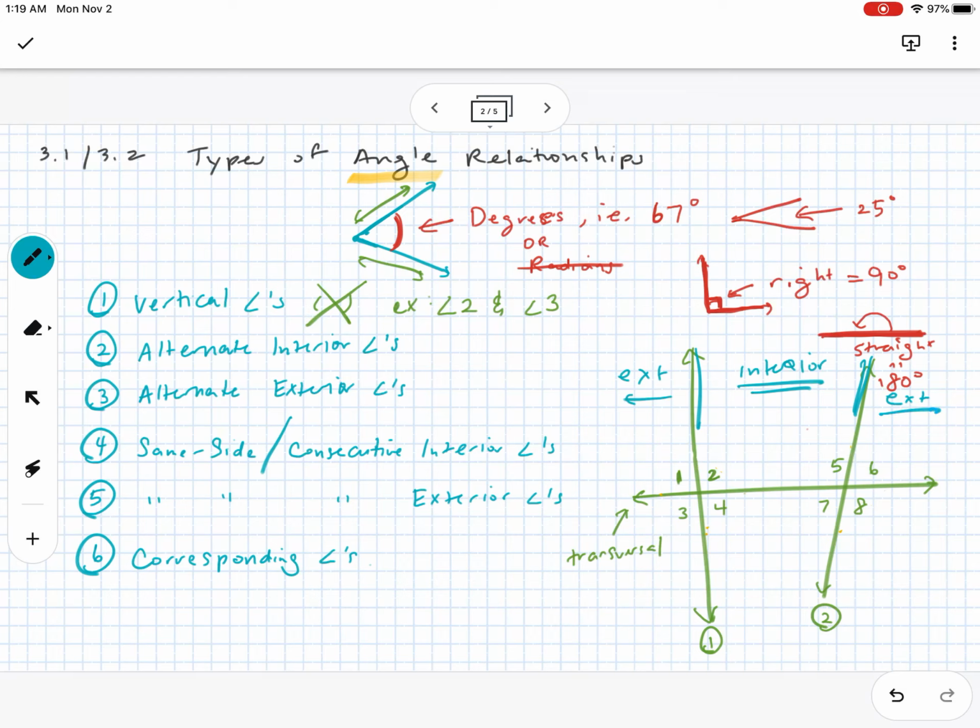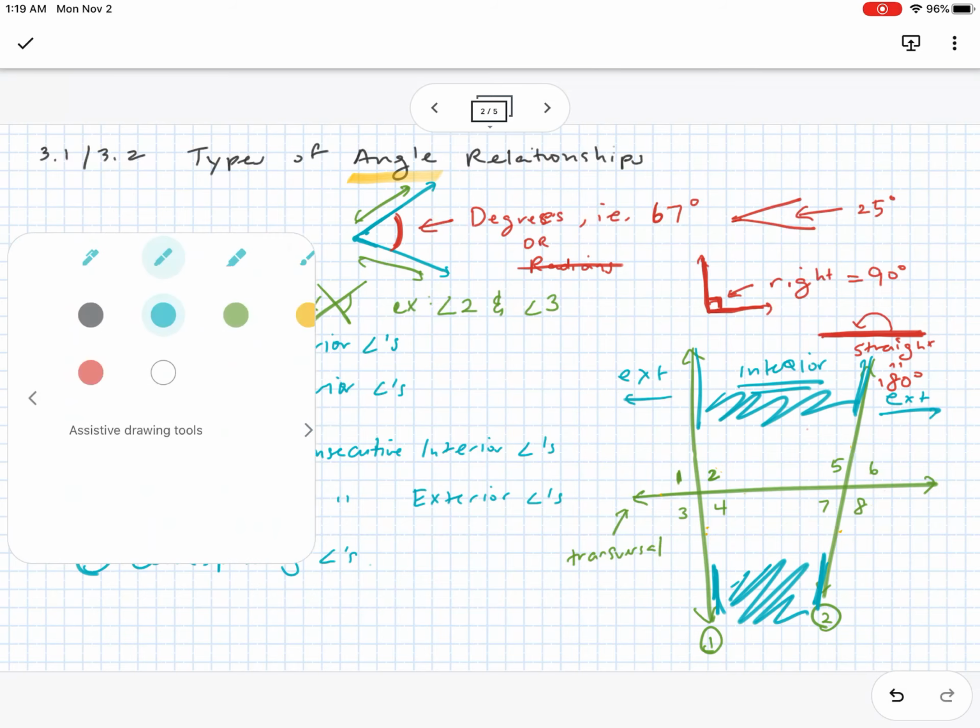Do you see that? That's the interior. The exterior would be the part that's outside of the lines. So every time you see two parallel lines cut by a transversal, it's easy to visualize it this way, right? To think of interior as the area between the two lines. This part is the interior. And then the part that's outside of the lines is called the exterior.